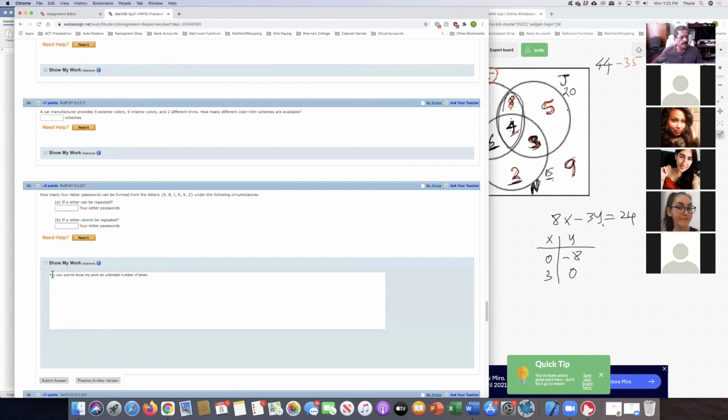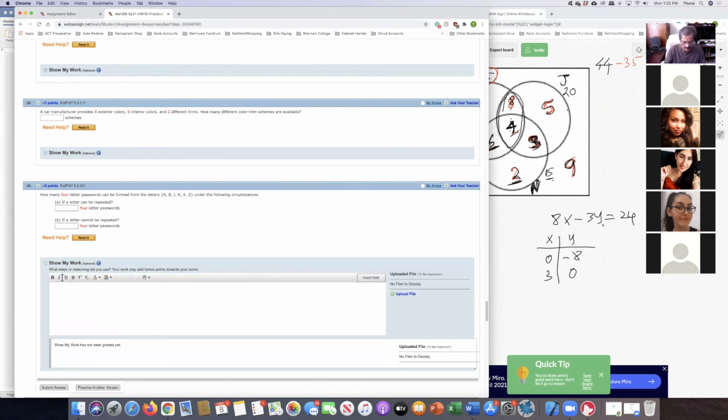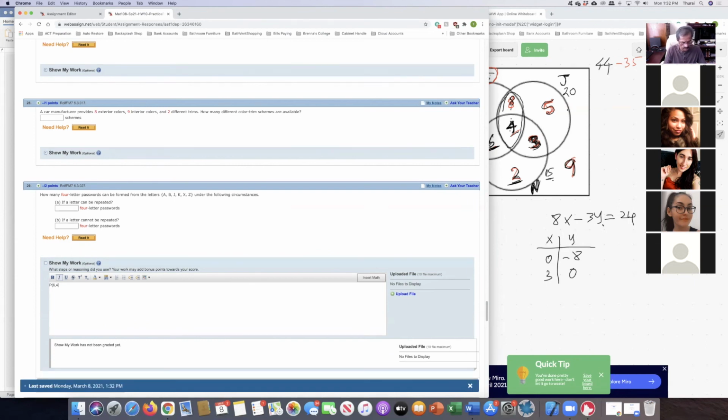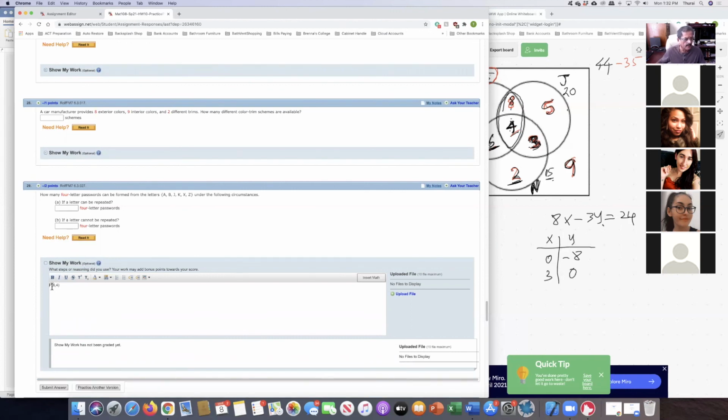So you enter here P, permutation of, there are how many letters? 6 letters there, and we are making a 4-letter password, so 6, 4. And that's the answer for part A. So you need to say A is this, and then B is whatever it is. Type that. That's all. That's all the work.